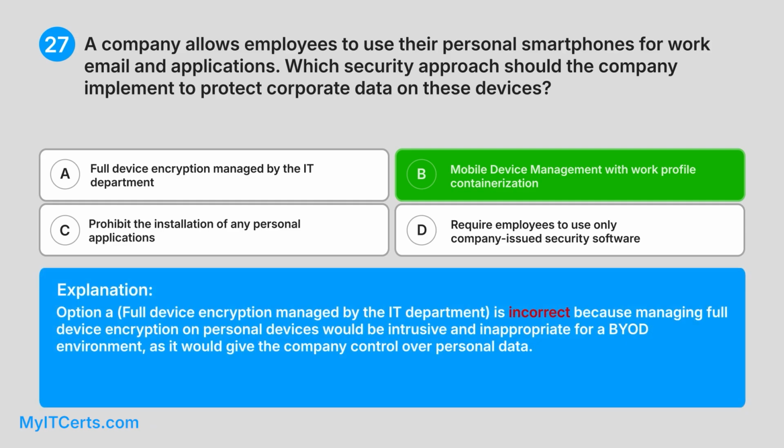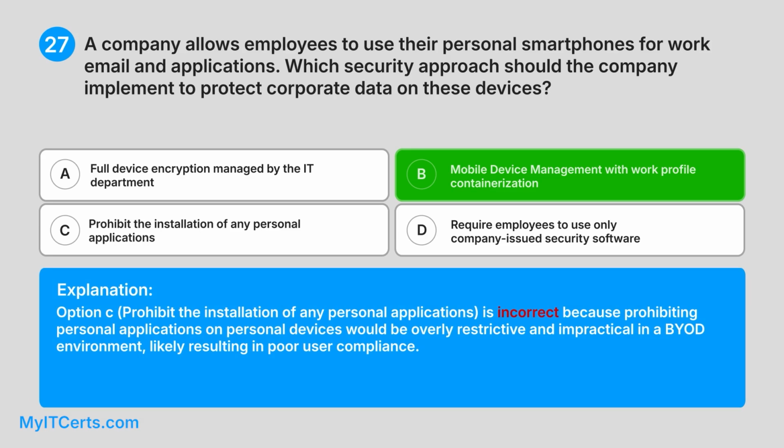Option A, full device encryption managed by the IT department, is incorrect because managing full device encryption on personal devices would be intrusive and inappropriate for a BYOD environment, as it would give the company control over personal data.